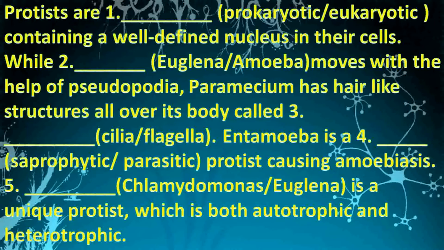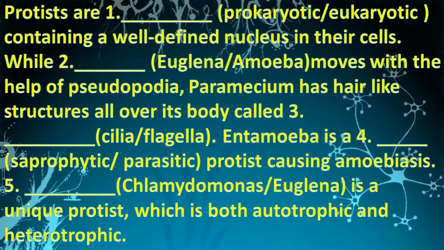Protists are blank 1, prokaryotic or eukaryotic containing a well-defined nucleus in their cells, while blank 2, Euglena or amoeba moves with the help of pseudopodia.